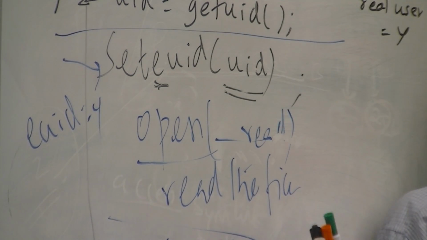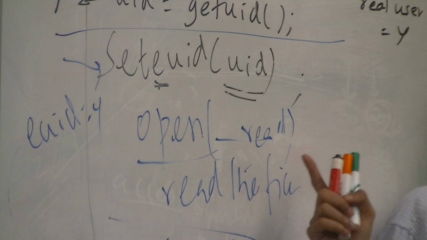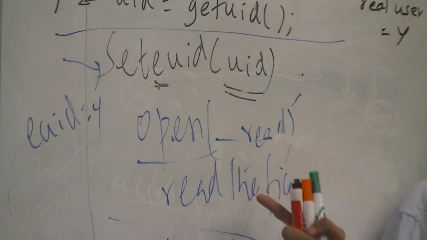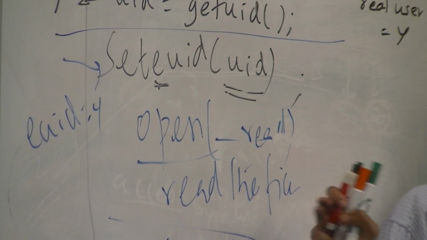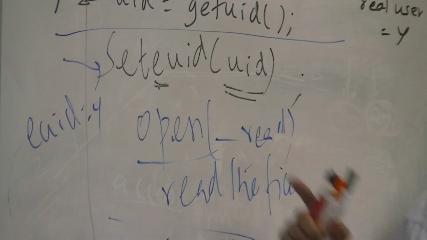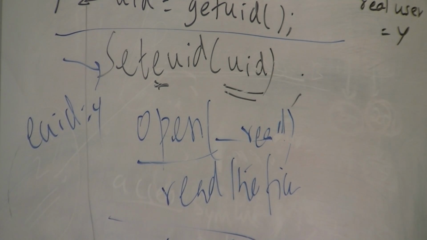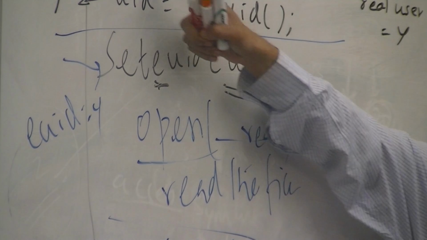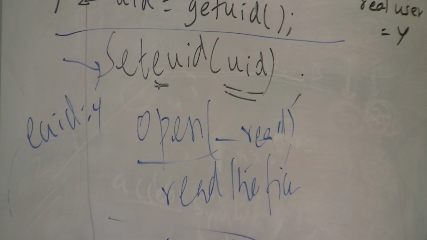Then you end up checking whether the real user has read permission on the file. And once you are done reading the file, you raise the privileges back by setting the effective user ID to be the EUID, which is root. So you drop the privileges, then open and read the file, and then raise it back. Okay?